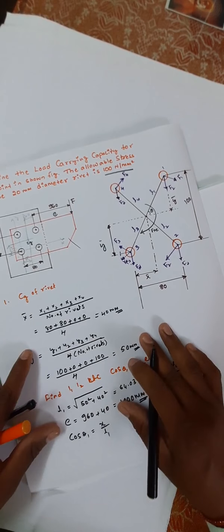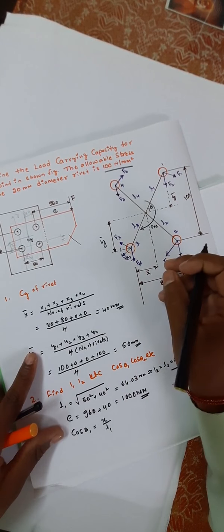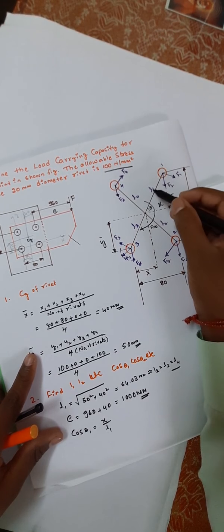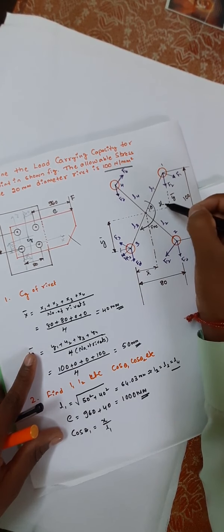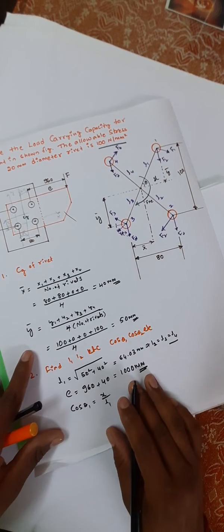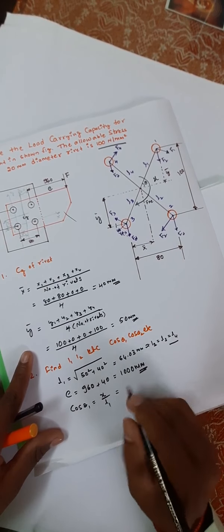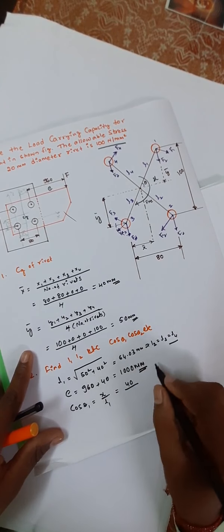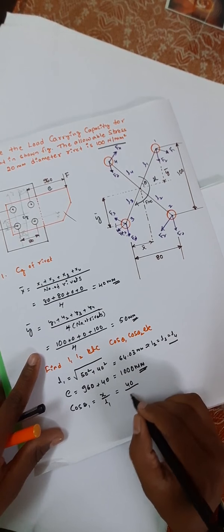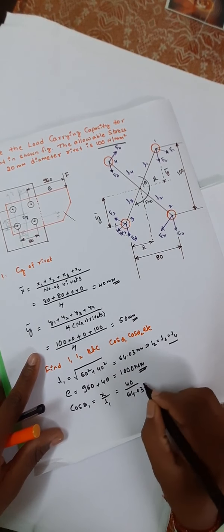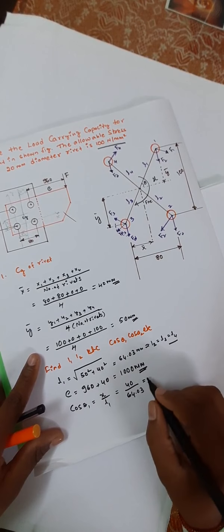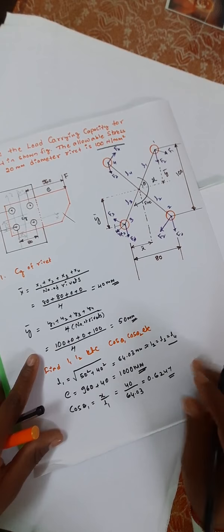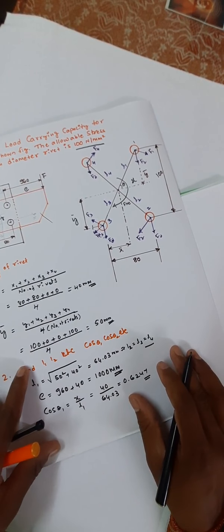So cos theta 1 is equal to x divided by L1, where this we will call x, and this we will call L1. Now if you substitute that value, x is 40, divided by L1, where L1 is equal to 64.03. If you simplify these two, we will get 0.6247.